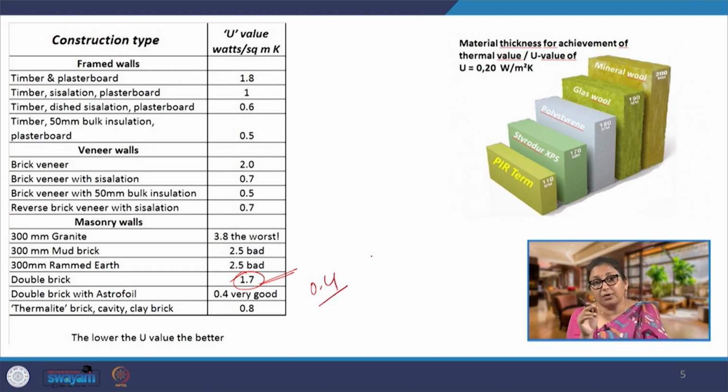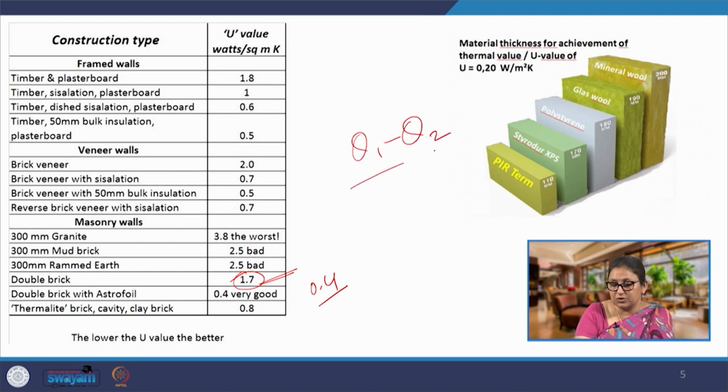Now, depending upon the area of this particular material, we will get the reduction in heat gain through this surface. And the moment we have Q1 and Q2, the difference between the original heat gain and the secondary heat gain, it is directly proportional to the amount of energy that will be required to cool or condition the space.